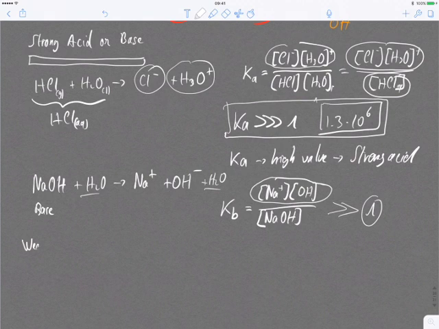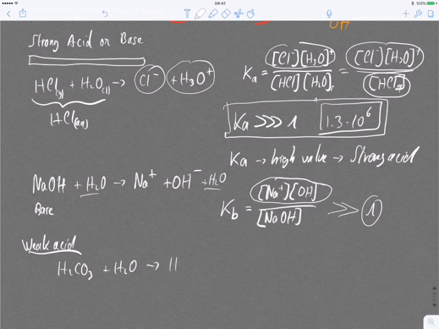For a weak acid, the acid will not fully dissociate with the water. An example of a weak acid is carbonic acid.